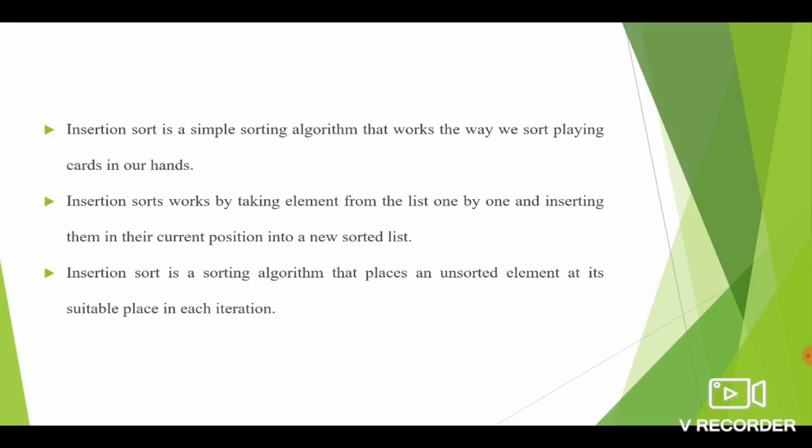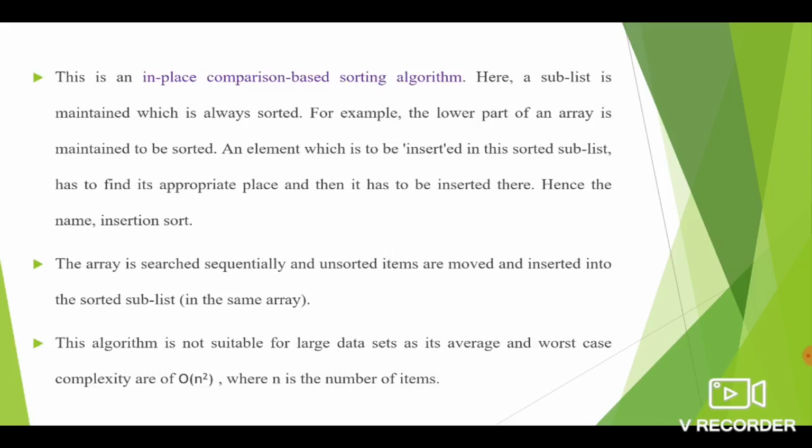You have to take one element from the array, and we maintain one sorted sublist. You insert the new element into the sorted sublist in its correct position. This is repeated until the entire list is sorted. It is an example of an in-place comparison-based sorting algorithm.